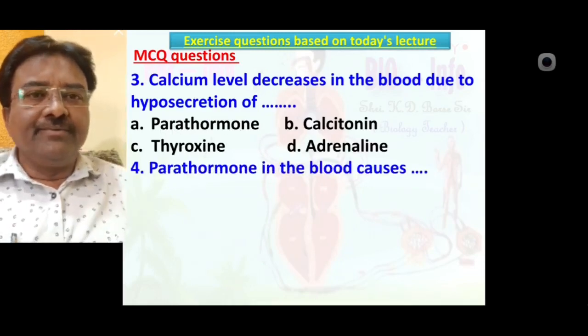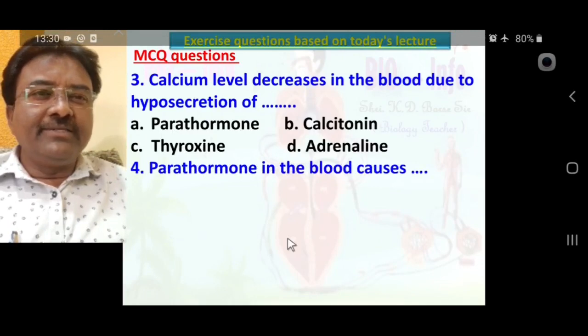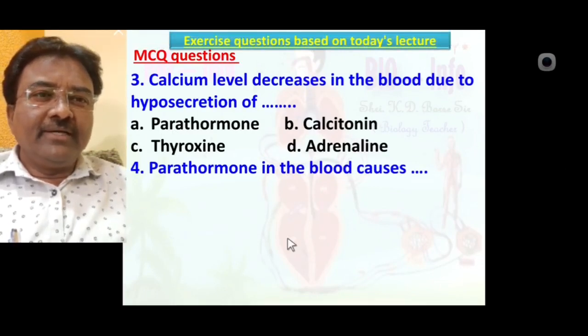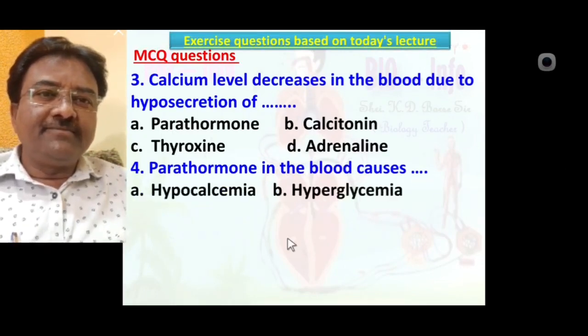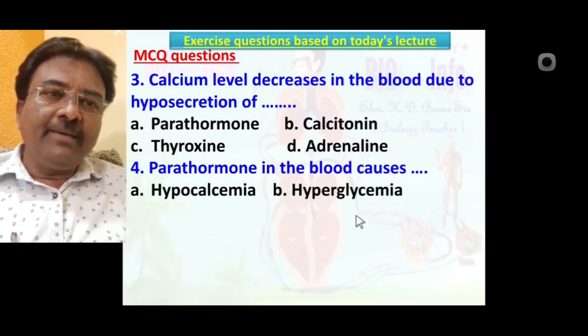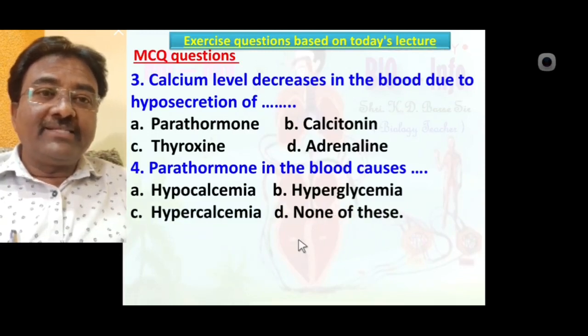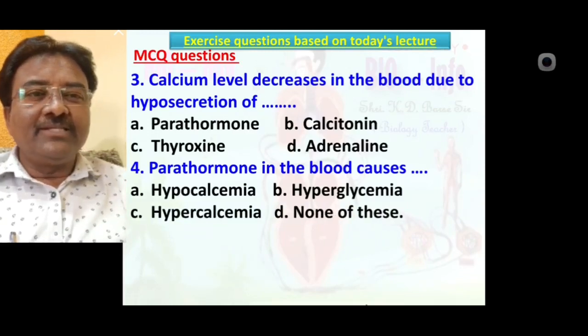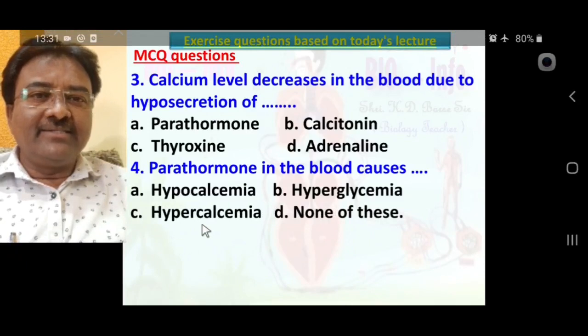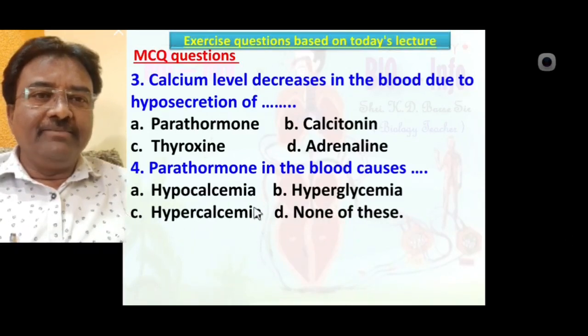Fourth MCQ. Parathormone in the blood causes hypocalcemia, hypercalcemia, or none of these. Yes, the correct answer is hypercalcemia due to parathormone present in the blood.